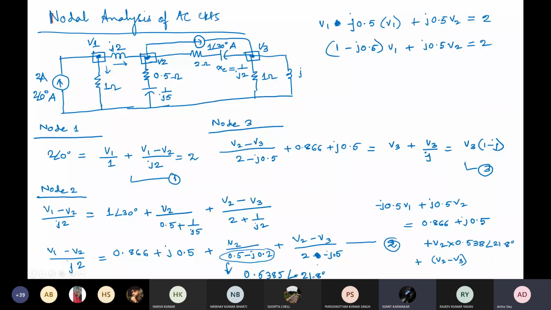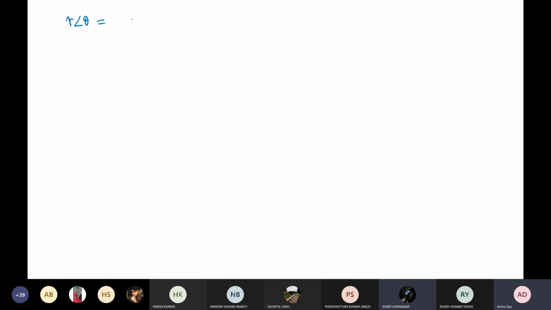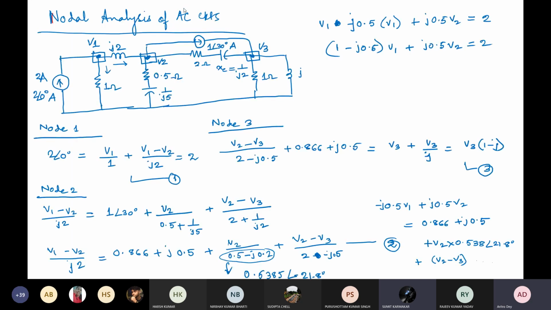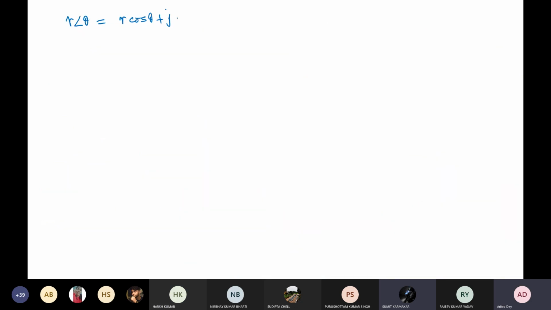If you have r angle theta, you can write it in complex form as r cos theta plus j r sin theta. Oh okay, I have not put this 0.5 as an inverse. Yes sir, that is the thing. Yes, that is the inverse. Okay.